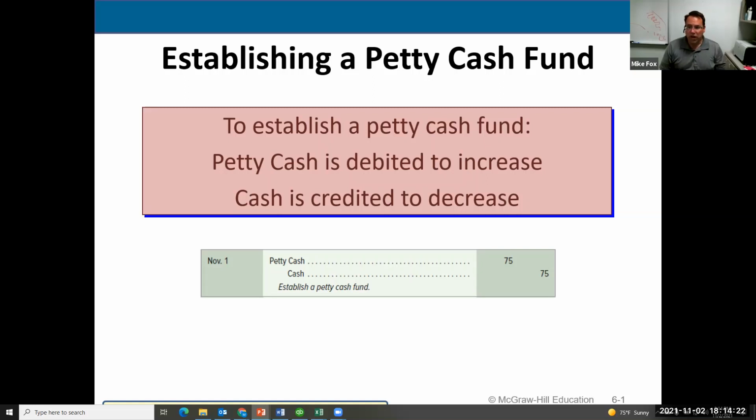When we created that, I physically got $200 from the bank and put it in the box, then did a journal entry to debit petty cash, increasing that asset, and credit cash, decreasing the money from our checking account. That's how I established the petty cash fund.